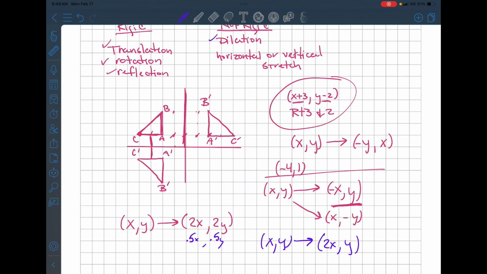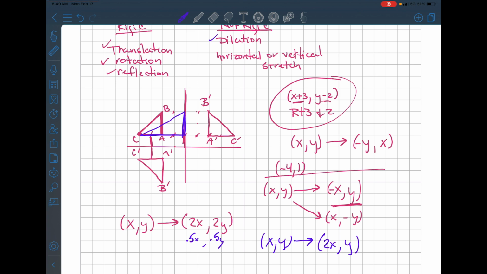So I'm only going to change it horizontally. So I'm doing 2, it'll be double. So since this is 2 already, it's going to be 4. And then my vertical stays the same.